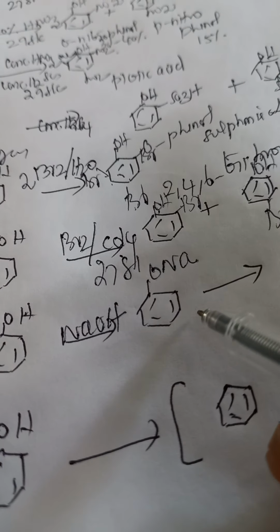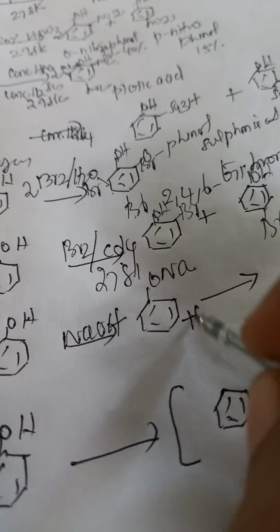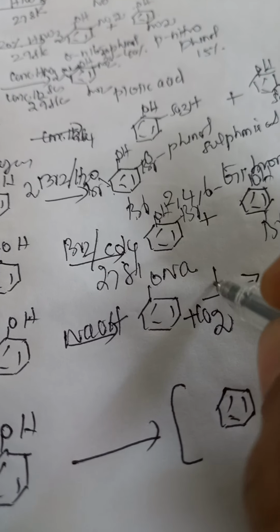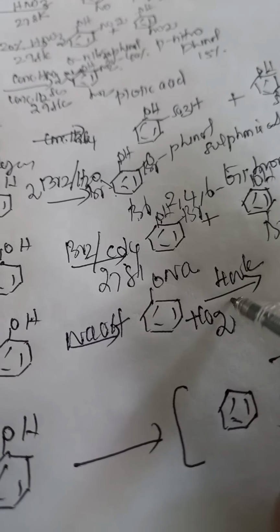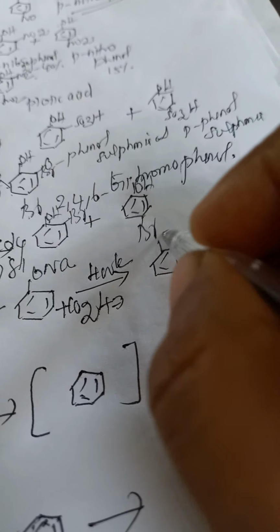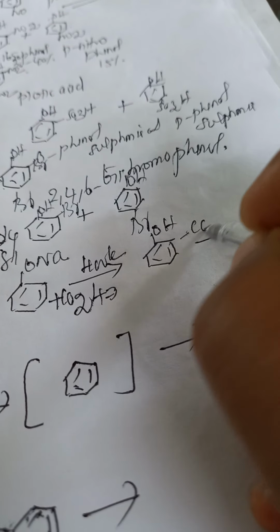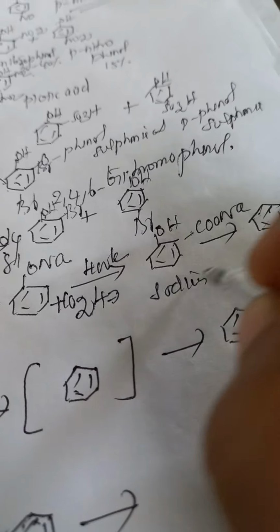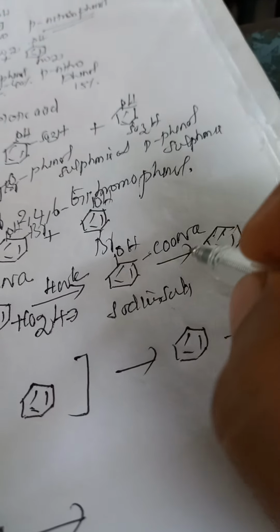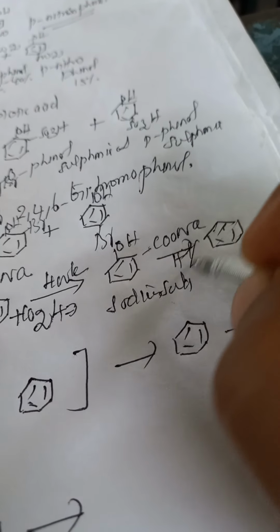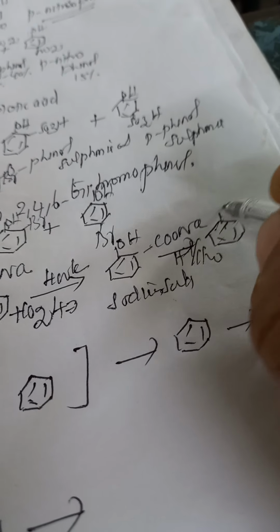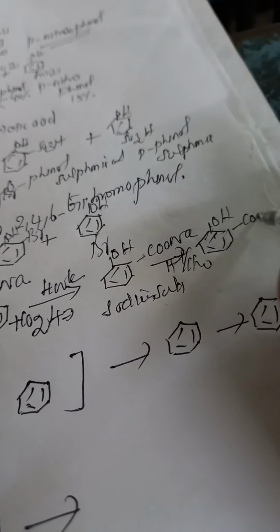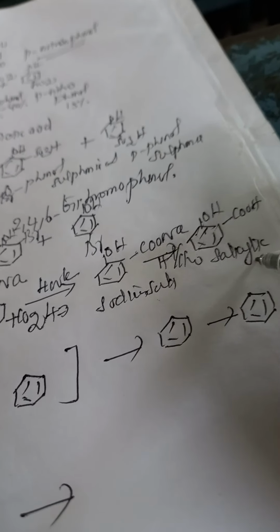This sodium phenoxide is treated with carbon dioxide at 400 Kelvin and 4 to 7 bar pressure, and we get sodium salicylate. Then on acid hydrolysis, we get salicylic acid.